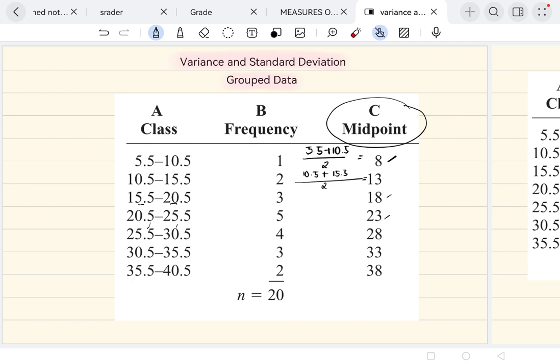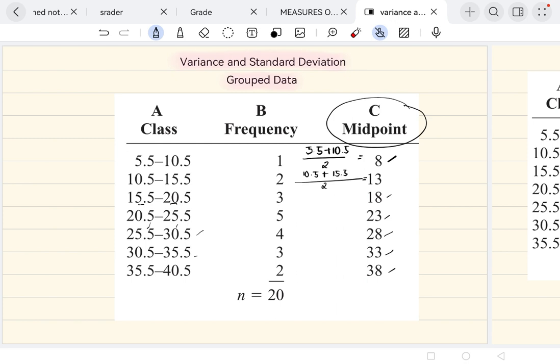Next, 25.5 plus 30.5, that is 56, divided by 2, that is 28. 30.5 plus 35.5, that is 66, divided by 2, that is 33. And the last one, 35.5 plus 40.5, that is 76, divided by 2, that is 38.